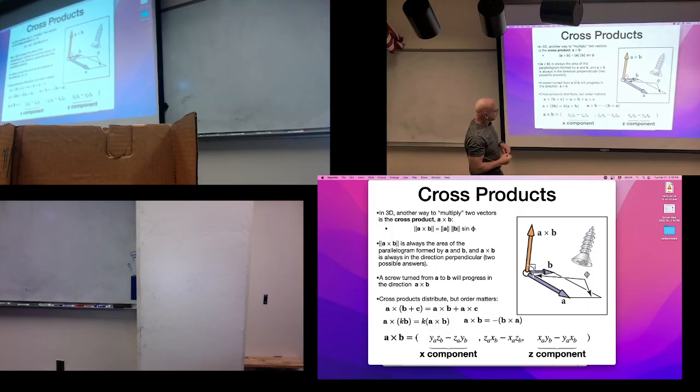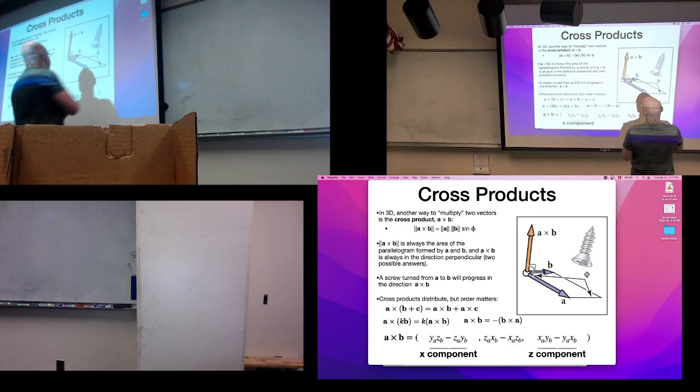Okay, rules about it. A times B cross C. Everything behaves almost like any normal multiplication, except that you cannot change the order. Again, A cross B and B cross A are different.